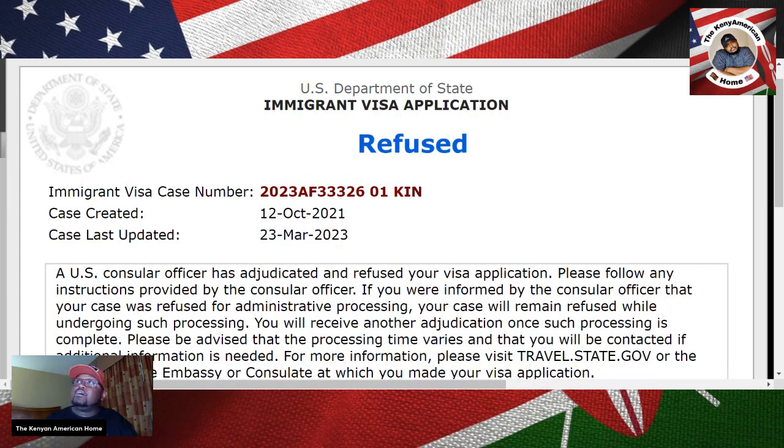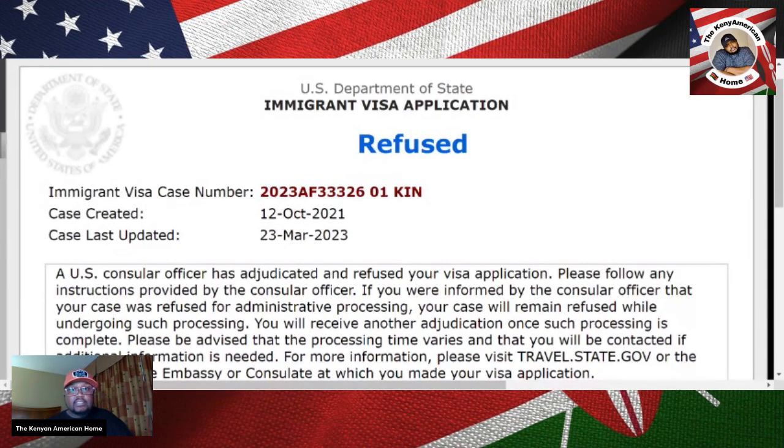This is another case of a refusal with a 221G. You can tell that they all look like they are refused, but there could be ways to cure the refusal as long as you provide what is requested by the embassy. And sometimes it's incomplete DS-260s.